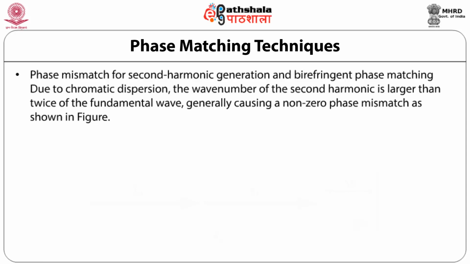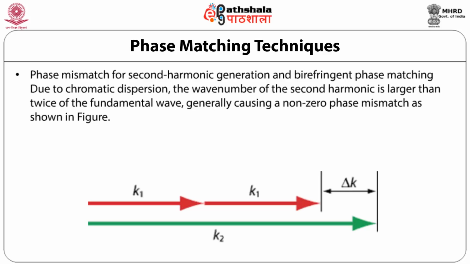Due to chromatic dispersion, the wave number of the second harmonic is larger than twice that of the fundamental wave. Dispersion generally causes a non-zero phase mismatch, as shown in figure 4. Special measures can be taken to avoid this by choosing a different polarization in a birefringent crystal.